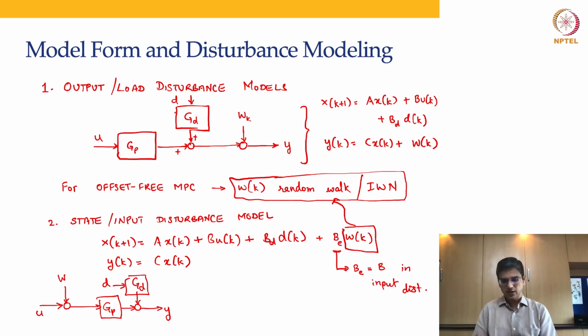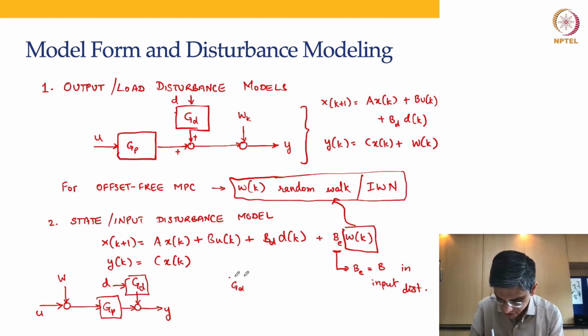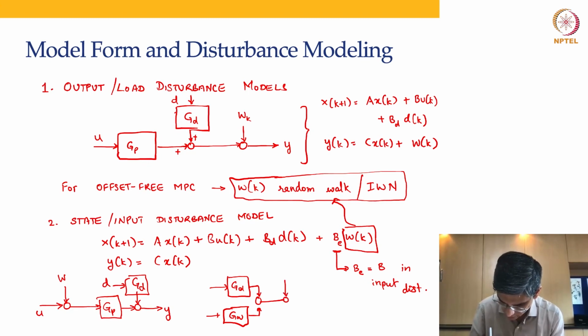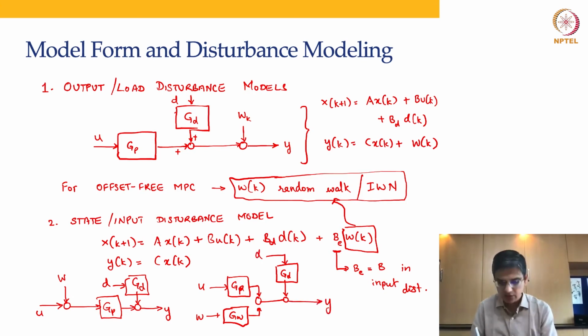Okay, what is it that it's going to look like if you have a state disturbance model? You have a G_D, G_W, G_P, this is where you have a more generic state disturbance model.